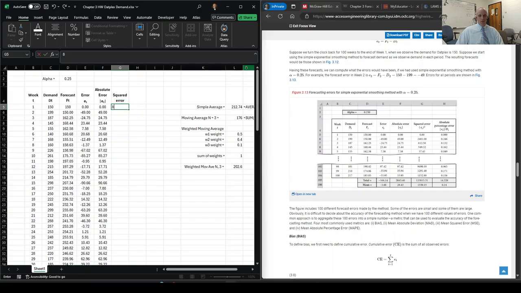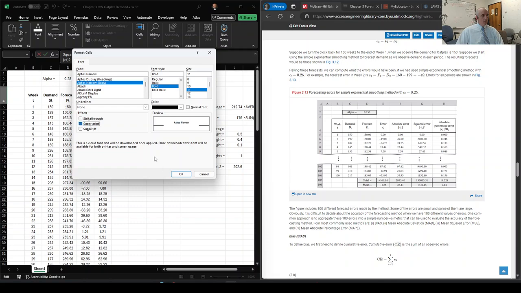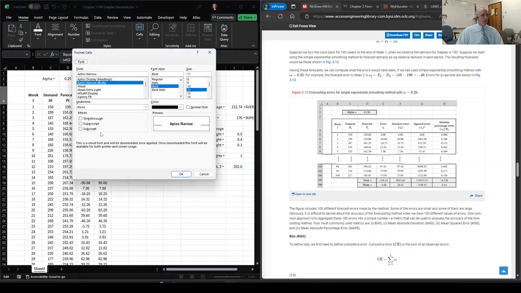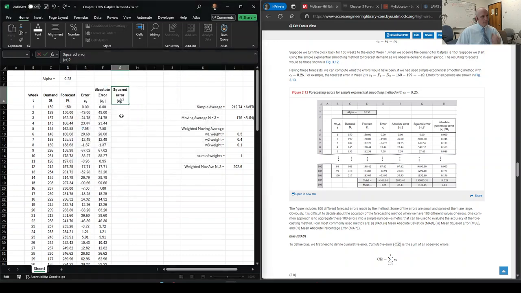And this is going to be E subscript t squared. Let's see if I can do a superscript on this one. Superscript on the squared, subscript on the t. There we go.